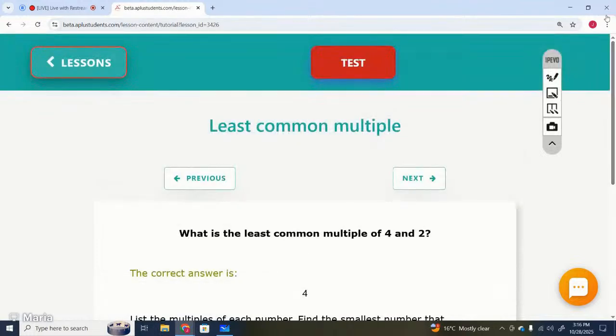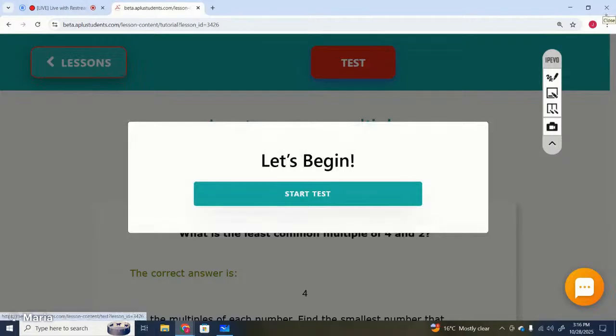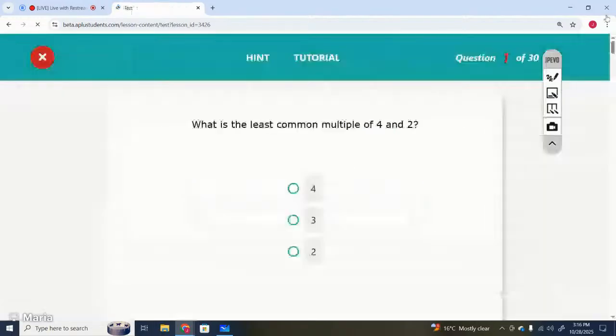Let's just start with the test questions. What is the least common multiple of 4 and 2?